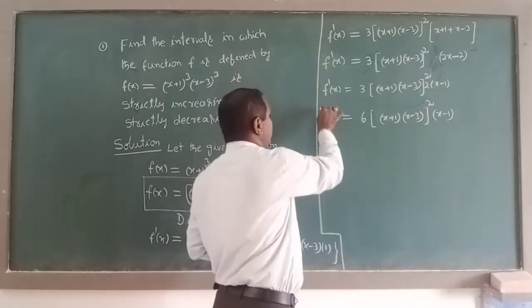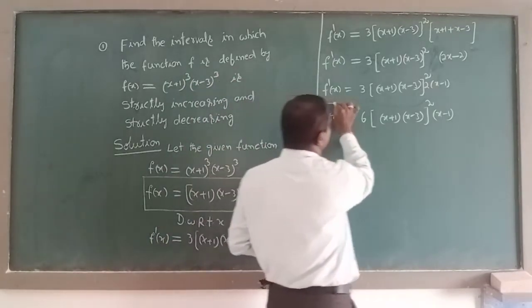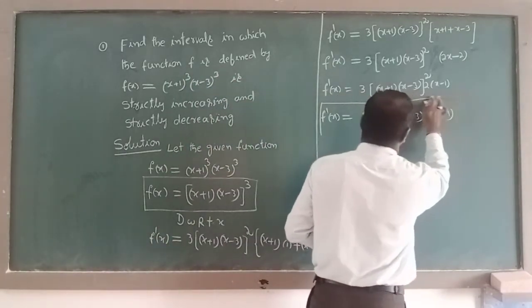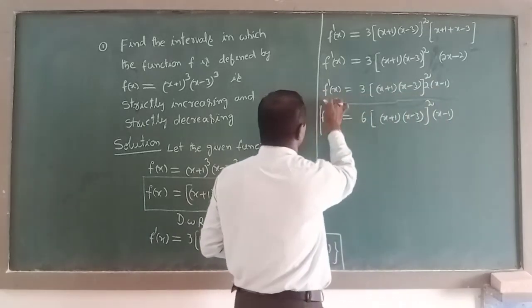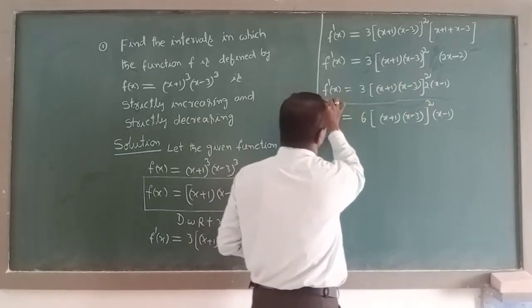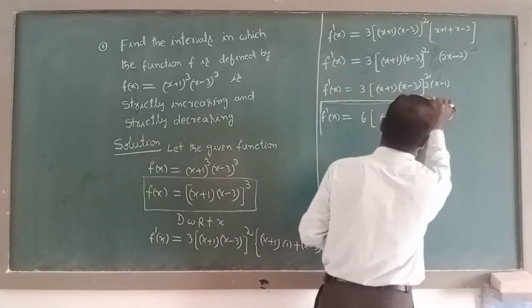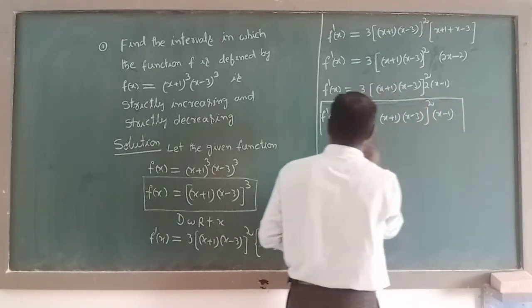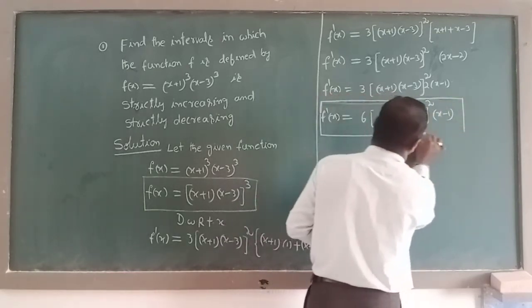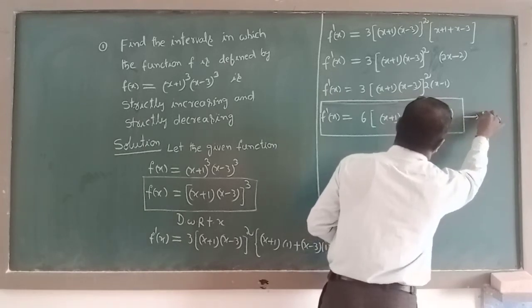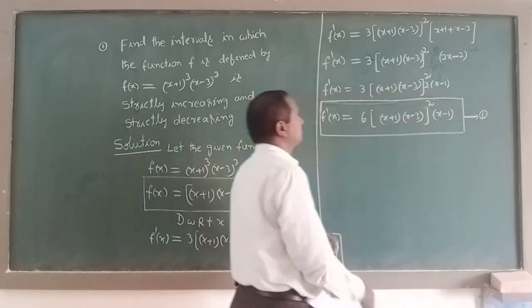From this step we are going to find the intervals in which the function is strictly increasing and strictly decreasing. Represent this as equation number 1.